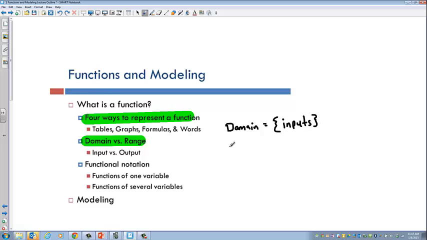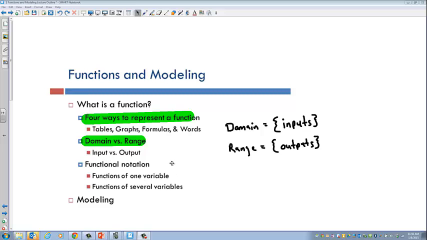Whereas the range is equal to the set of all outputs. So basically the domain is what you can put in to your function, where the range is what you get out of your function. So let's take a look at an example of this.